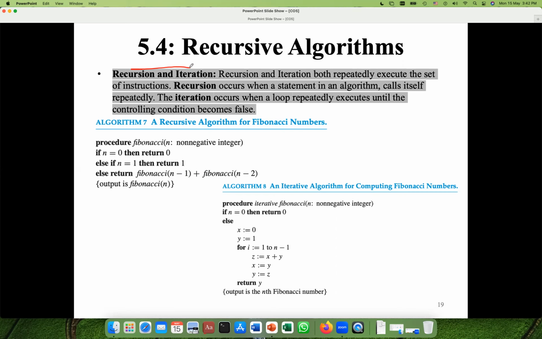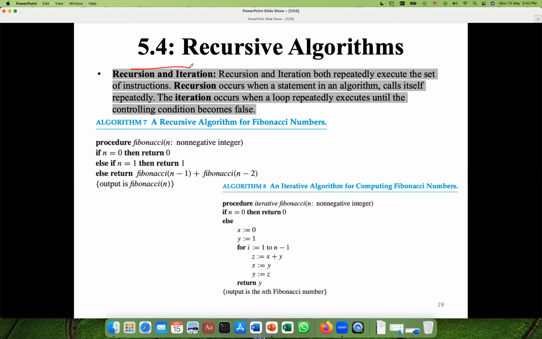But recursion is something in which an algorithm or method will call itself again and again to do that repetition. And the iteration is something in which you will write some loop for repetition. You will write some loop to do that thing repeatedly.